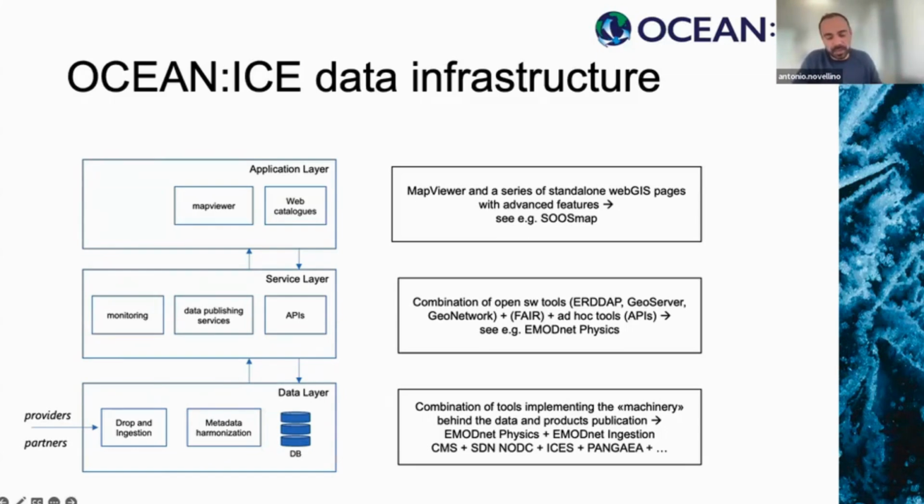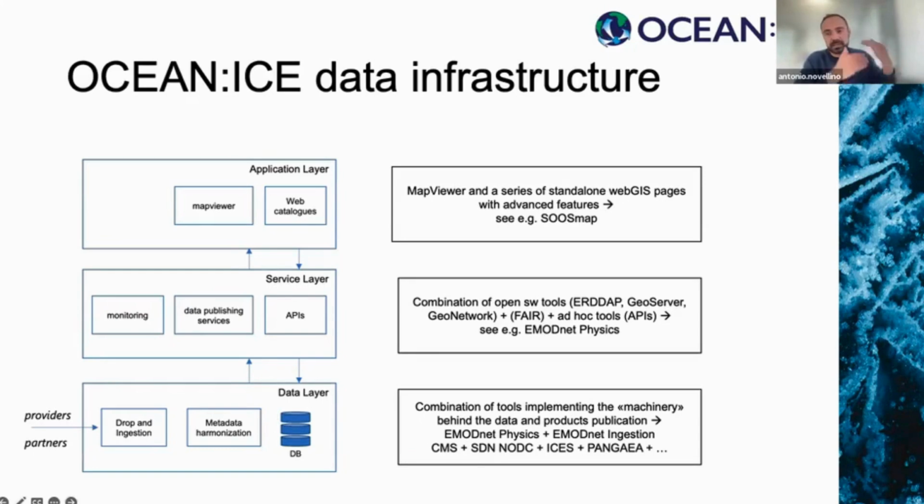So we are formatting the data in a way that can be published and consumed by machine-to-machine interfaces. So we are implementing a GeoNetwork catalog and an ERDDAP catalog, which are tools that we already presented during some of the meetings, are standard, up-to-date tools that are managing the data and facilitating interoperability.